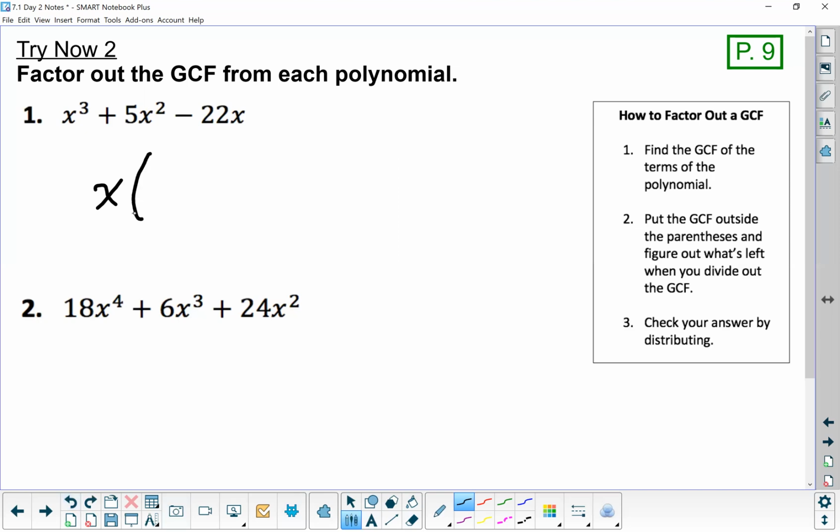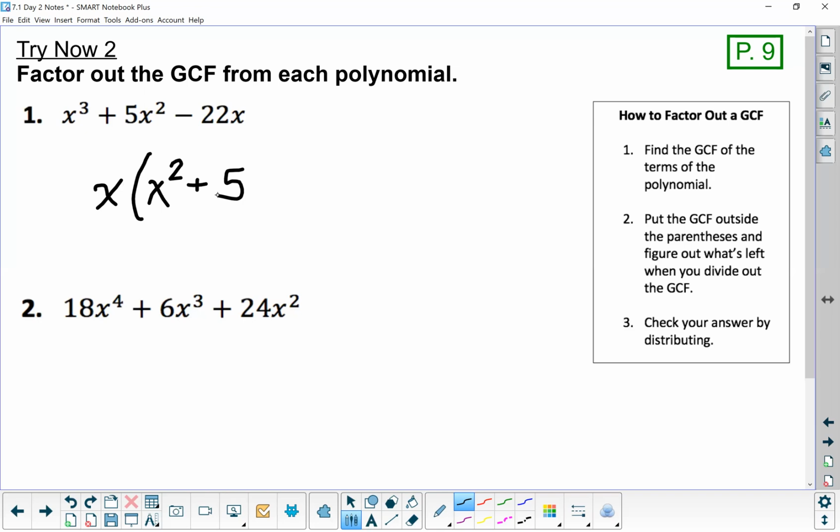Then we are going to rewrite inside of parentheses what we would have left. And so we had x to the 3rd. We factored out one of the x's, so we're left with x to the 2nd, or x squared. We didn't have a number for our greatest common factor, so we keep the 5. We had x squared. We factor out an x.